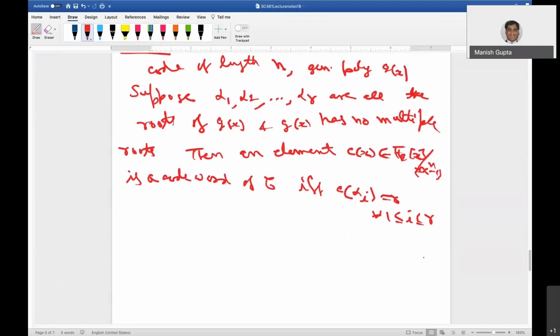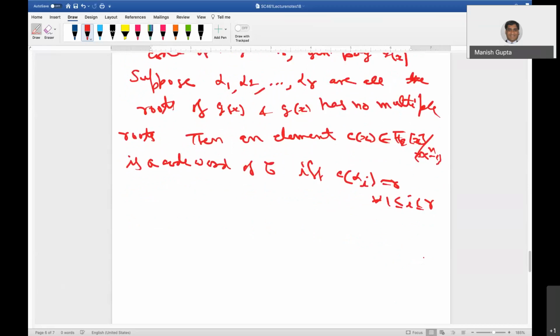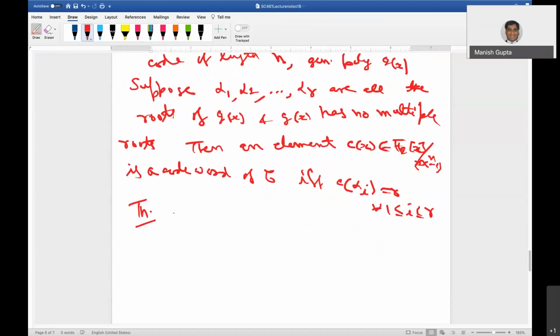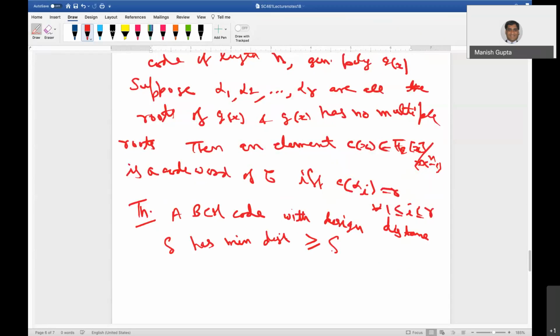So this is the main result that we are going to use. A BCH code with design distance delta has minimum distance at least delta.